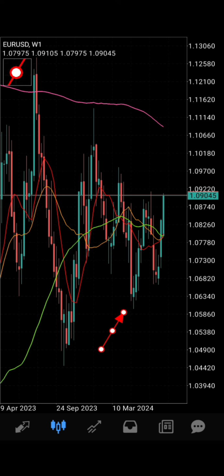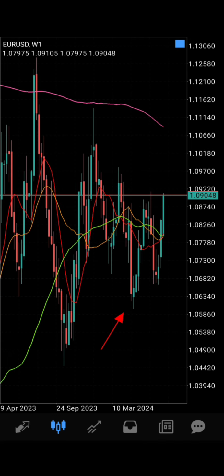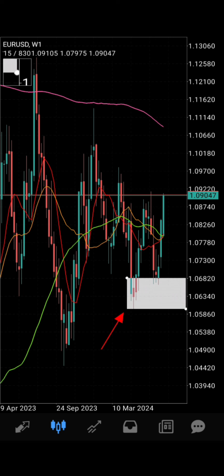So what do we then do as traders, right? We will then mark our zone right there, right? This is our demand zone over there, right?